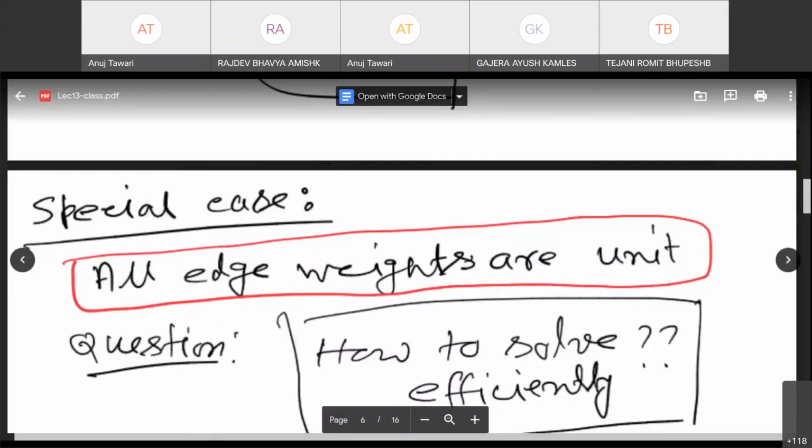Then, what do you do? Because I want the length of the shortest path as well. It's not just that I want to decide whether there is a path from one vertex to another. I want the length of the shortest.